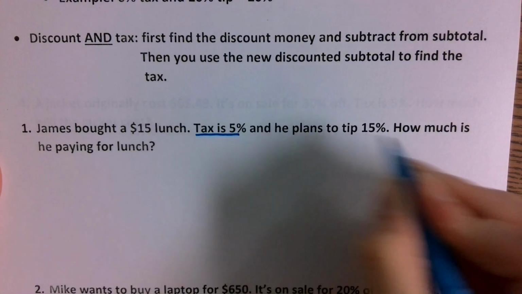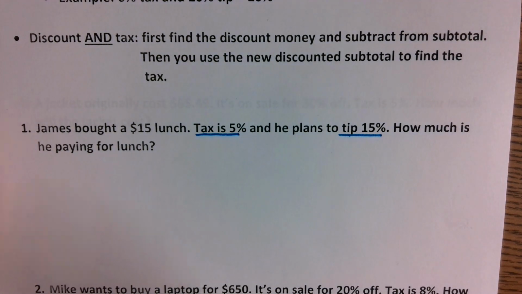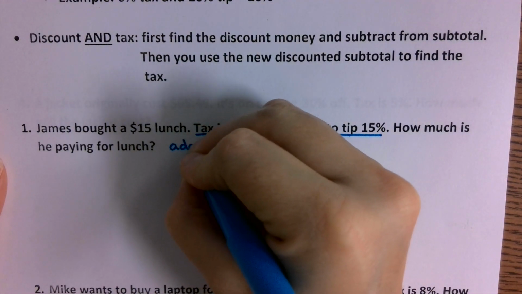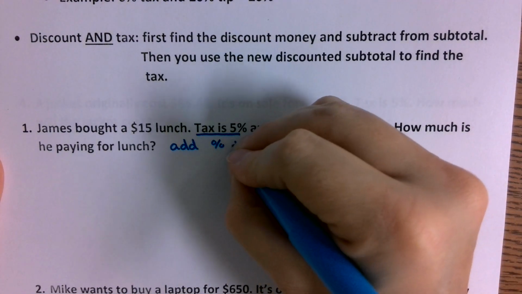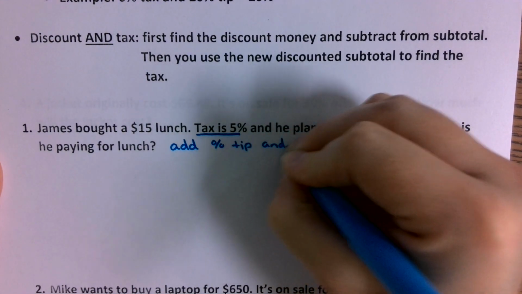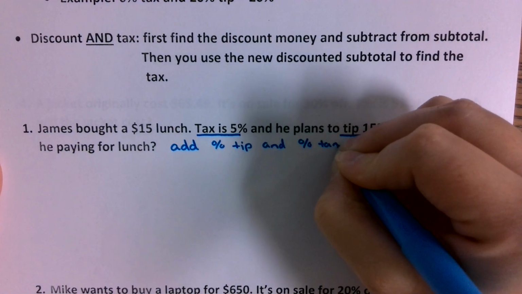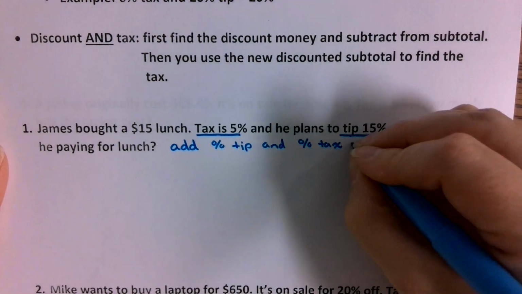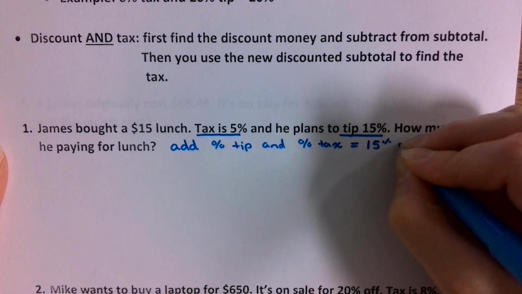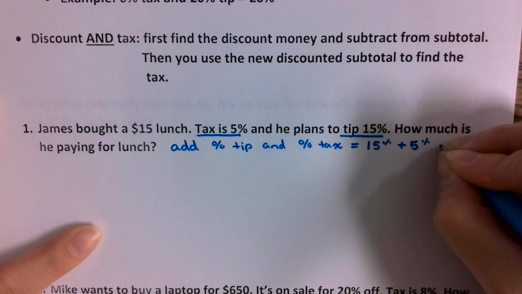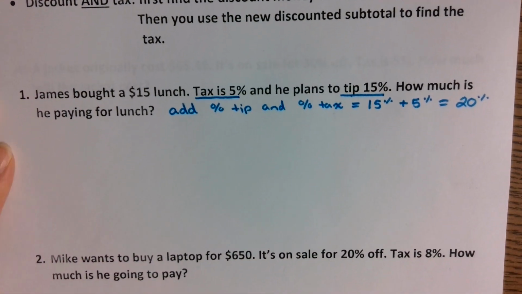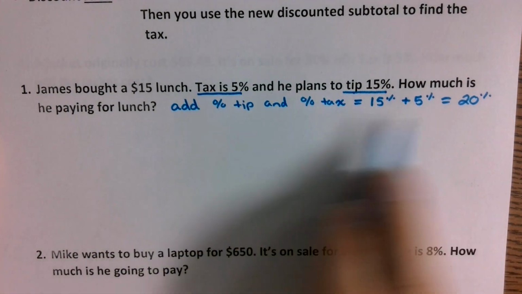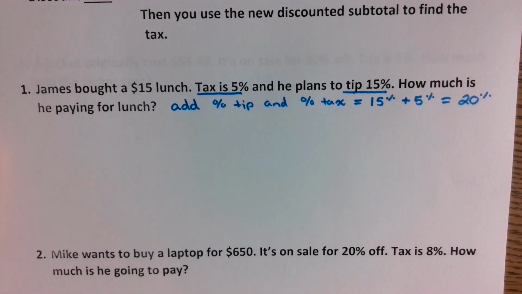Since it is a tax and tip situation, I'm going to add the percent for my tip and the percent for my tax together, which means I'm taking 15% and adding it with 5%, which is going to come out to 20%. So there's my percentage that I'm dealing with. And now I can set up my proportion.